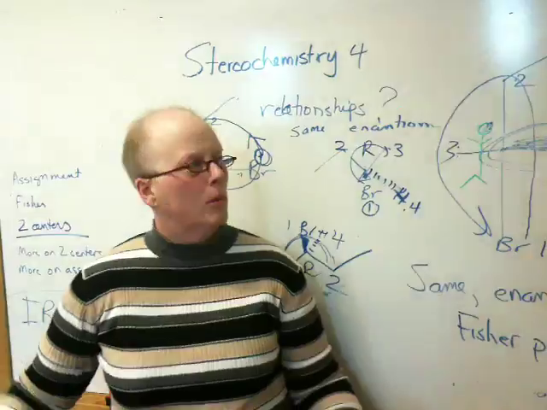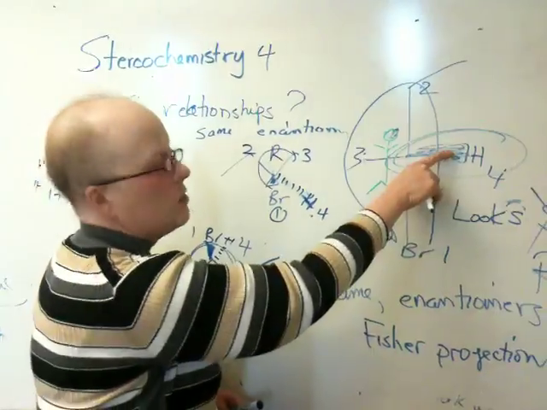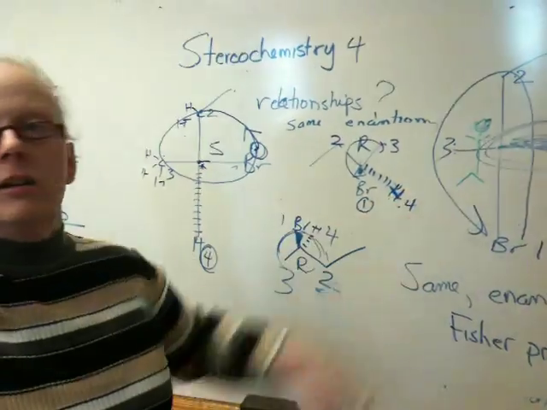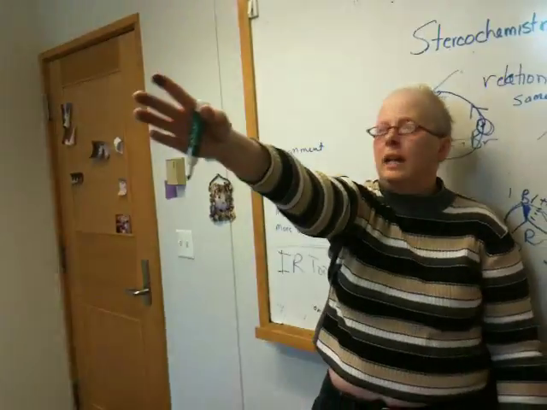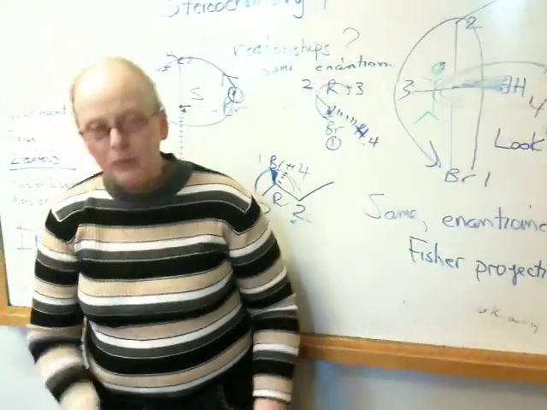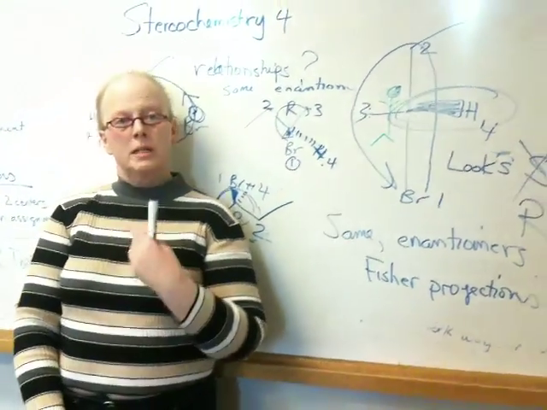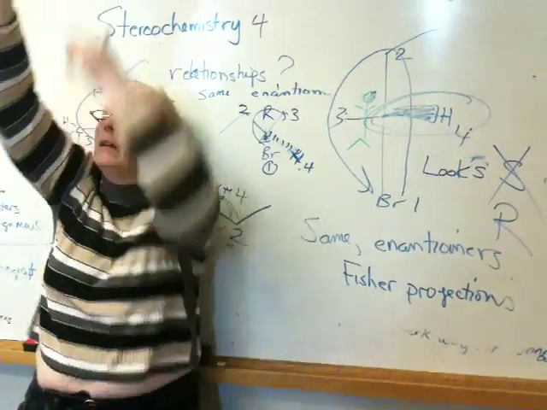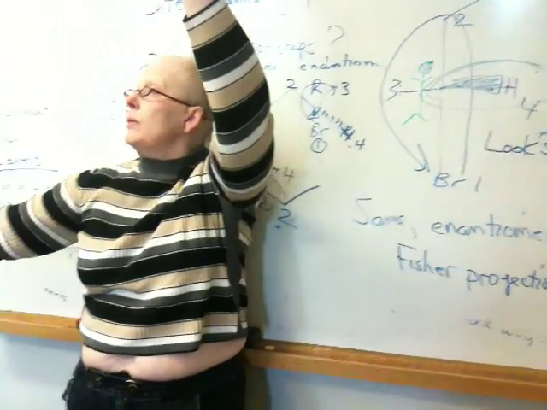Now, what's so great about behind the board? Behind the board, this would be going away from me. Does that make sense? Like if the H is here, and I'm behind the board, the H is now away from me. So where would bromine be? Bromine would be down by my feet. I'm picturing myself behind the board. Number 2 would be up by my head. And number 3 would be over to the right.